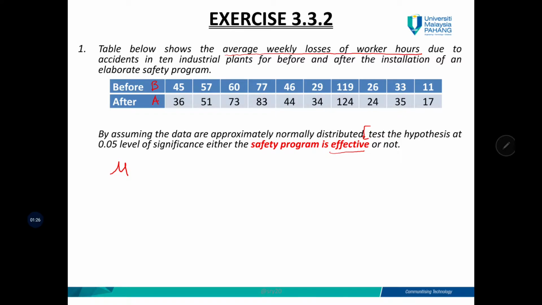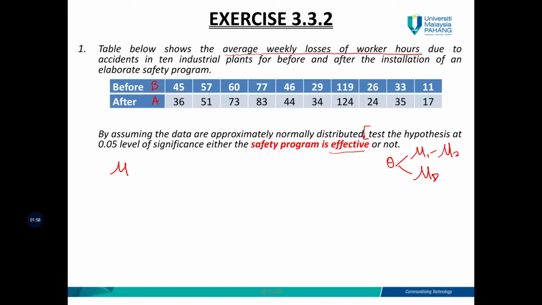data before and data after. So for this case, we need to be careful to choose the parameter, either under the independent sample or dependent sample. To identify which one is suitable, we can observe the data.